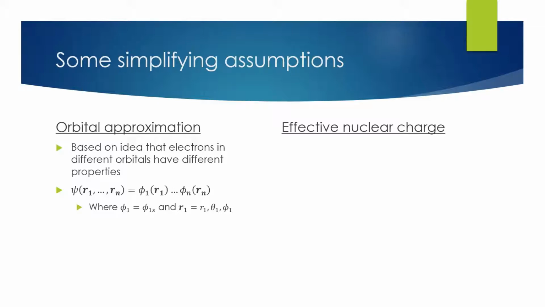So to get around this unsolvable problem, what we're going to do is ignore the interaction that the electrons have. And so what we do is we're not actually ignoring the electron repulsion. So electrons are going to repel each other because they're these negatively charged things.